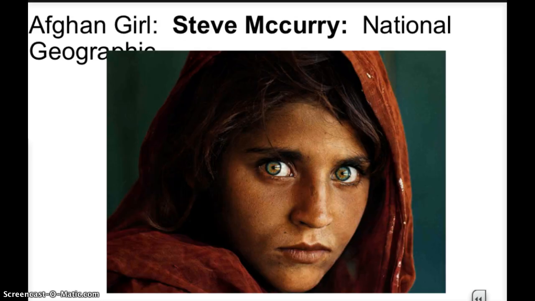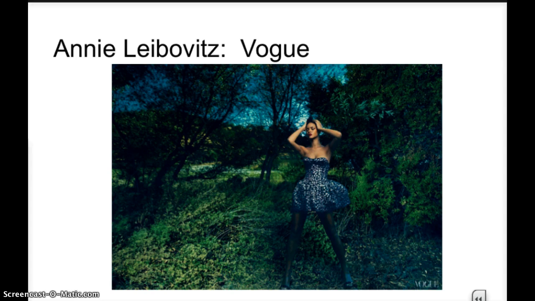So the first one that we have here is a famous photograph seen on the cover of National Geographic. This is titled Afghan Girl, and it was photographed by photographer Steve McCurry. This next one, a photograph for Vogue magazine, was photographed by famous photographer Annie Leibovitz.